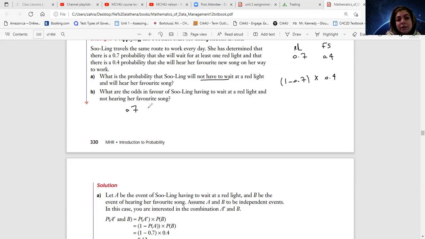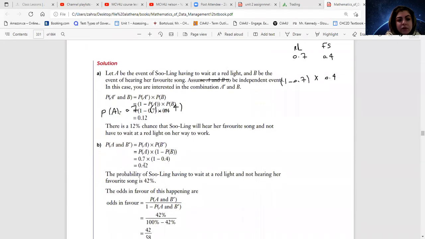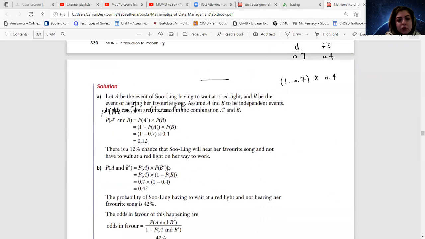And not hearing her favorite song is 1 minus 0.4. So this is going to be the probability of A. If you want the odds in favor, let me look at this number, see what P of A is here. We calculate 0.42.